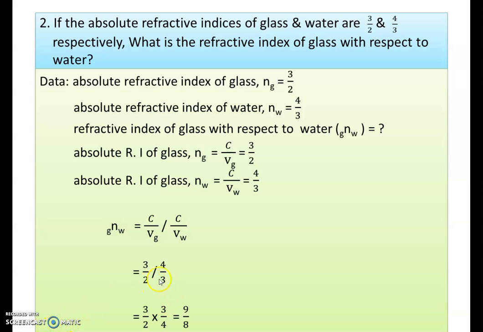By putting the values in the equation, we get 3/2 upon 4/3. Now the equation is 3/2 into the reciprocal of 4/3, which is 3/4. So that's why 9/8. So the refractive index of glass with respect to water is 9/8. That means 1.125.